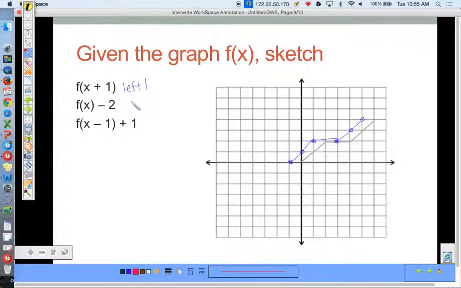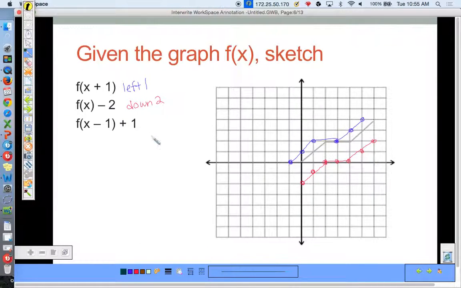The second one, the minus 2, moves it down 2. So we go back to our original, down 2, down 2, down 2.